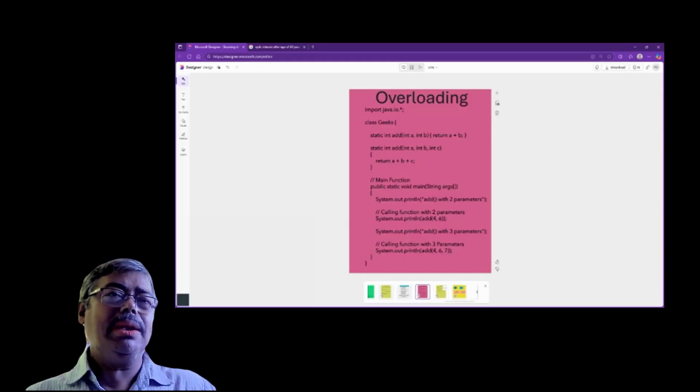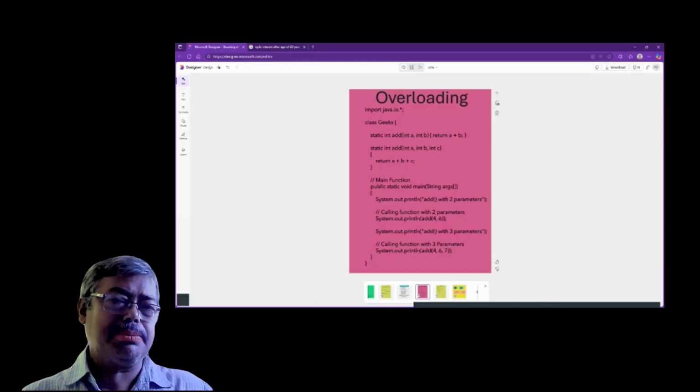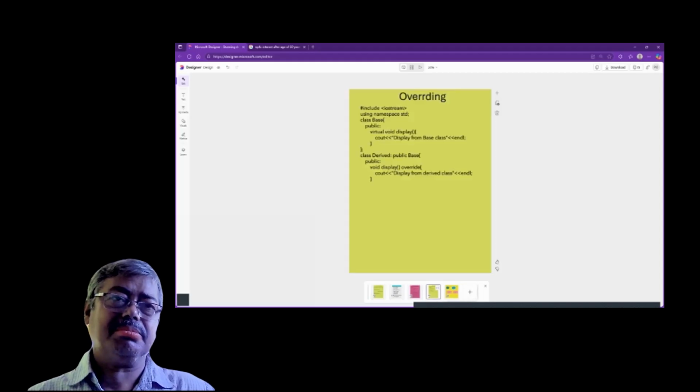So this is overloading. The function name is not changing, but the arguments of the function change. First it is adding two integers, second three integers, or maybe four. So overloading changes the arguments of the function, not the name of the function.